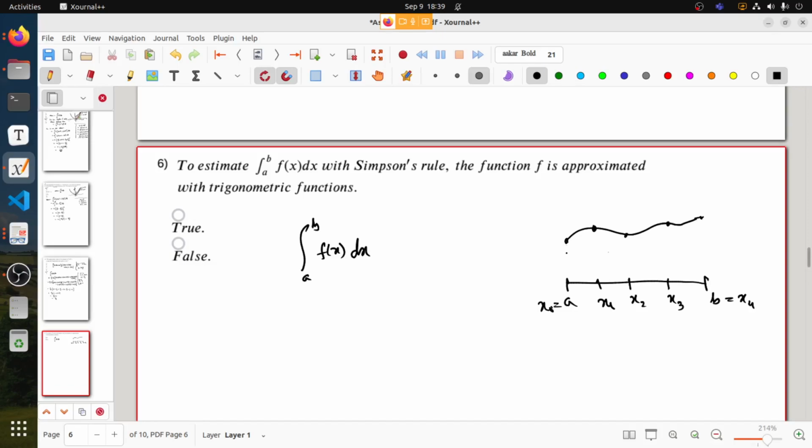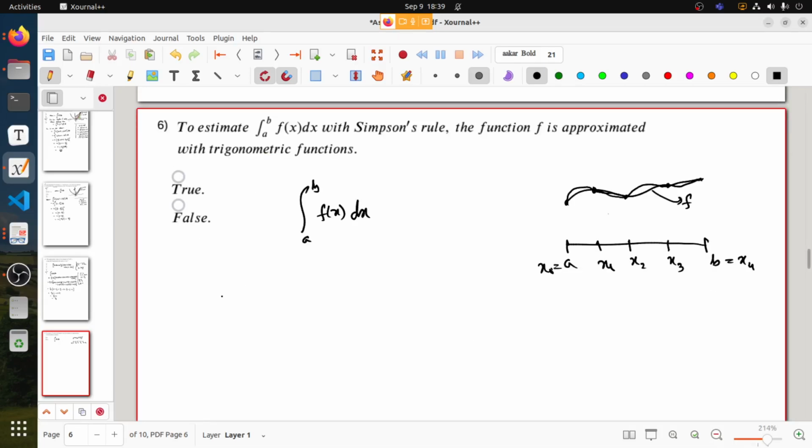In Simpson's rule we approximate with quadratic functions. It means we take some function which is equal at these 3 points, and we approximate. Again we take this kind of function. So we are approximating this function. Suppose this is f. We approximate it by quadratic functions, right? So we approximate like this for Simpson's rule.